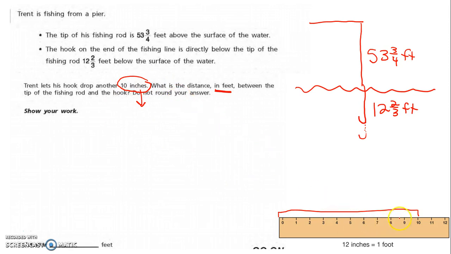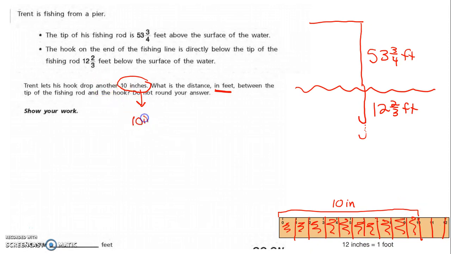So if I look here and I broke this into 1, 2, 3, 4, 5, 6, 7, 8, 9, 10, 11, 12. If I know I have 10 inches out of 12 inches, what would that be as a fraction? 10 out of how many? 10 out of 12.